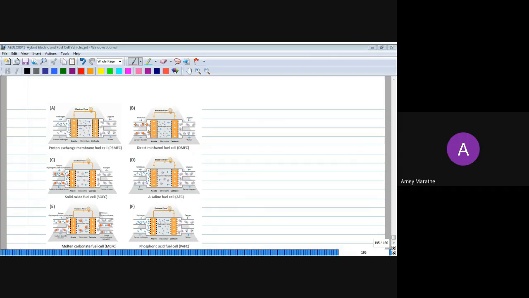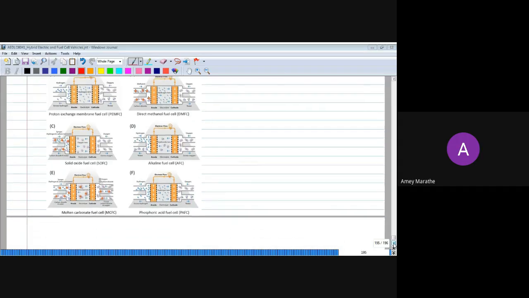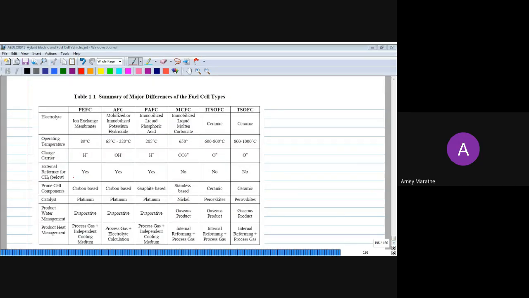So again, if I want to summarize all the different types of fuel cells, I can also put this particular diagram here, which will again give you the consolidated components. What is used as an electrolyte, what is the operating temperature, what is the charge carrier. So what is moving from what, which ion is moving from anode to cathode or cathode to anode. Whether you require the external reformer, and a reformer is a device which produces hydrogen, so do you require this external reformer?